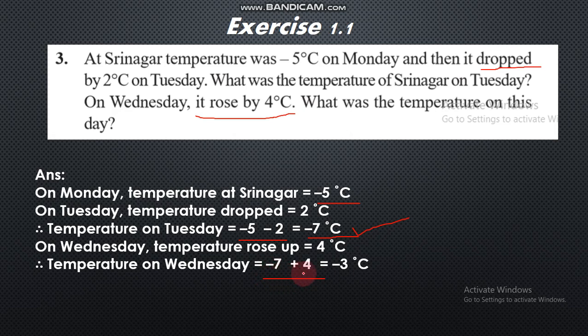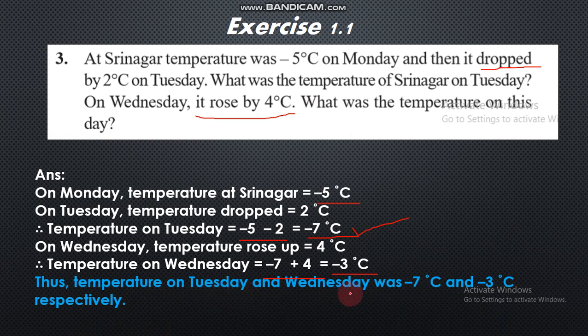Both are integers of different signs, so subtract them. 7 minus 4 is 3, and 7 is bigger, which is negative. So the answer is negative 3 degrees Celsius. Thus the temperature on Tuesday and Wednesday was negative 7 degrees Celsius and negative 3 degrees Celsius respectively.